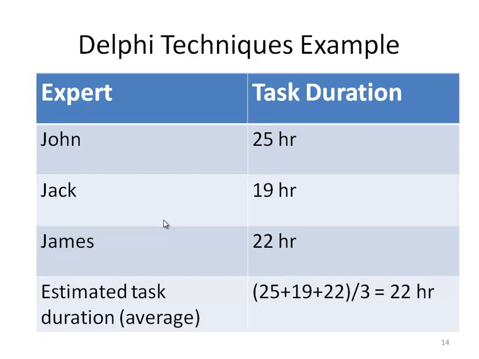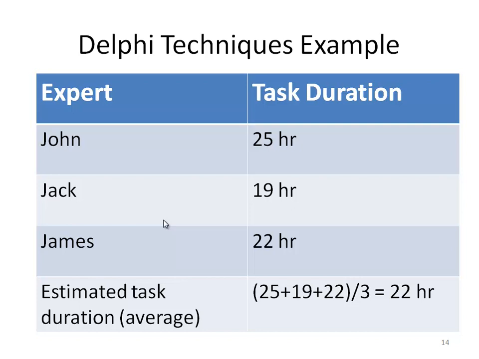For the Delphi technique, if I have 3 experts, John, Jack, and James, the expert John gave me an estimation for the task duration of 25 hours, while Jack said 19 hours and James said 22 hours.